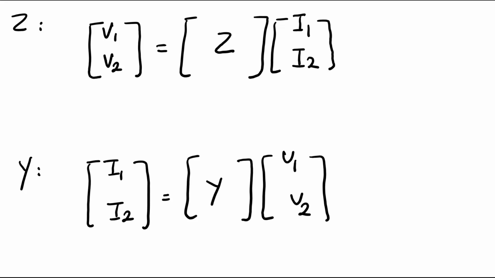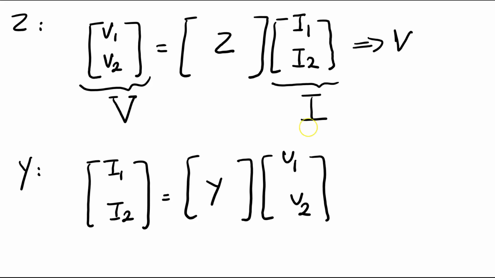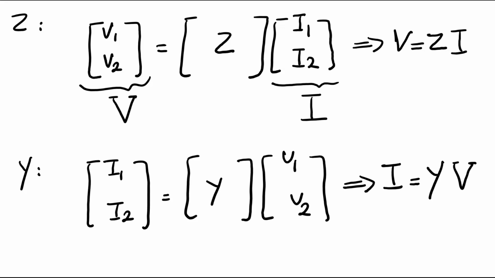So let's show the vector of the voltage with capital V, and the vector of the current with capital I. The first equation tells me that the vector for the voltage is equal to Z multiplied by I. And in the second, I have the vector of current as Y multiplied by the vector of the voltage.